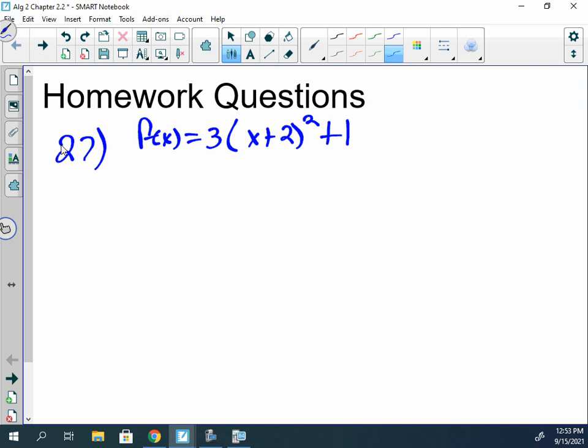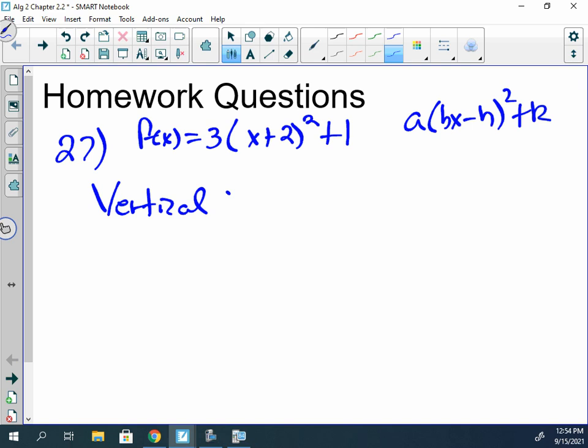Now we're referring this back to the function, our a parentheses bx minus h squared plus k. Well, the a deals with reflections across the x-axis and vertical stretch or shrink. Now we do have a 3 where a is, so that means we do have a vertical stretch of 3.